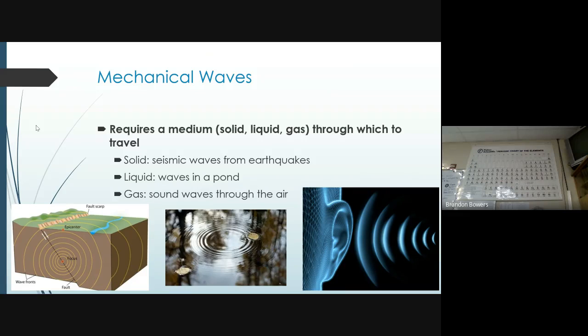So just some examples of mechanical waves, through solids, liquids, and gases. Earthquakes are actually really fascinating. Has anybody ever seen San Andreas? Great movie, very scientifically accurate.